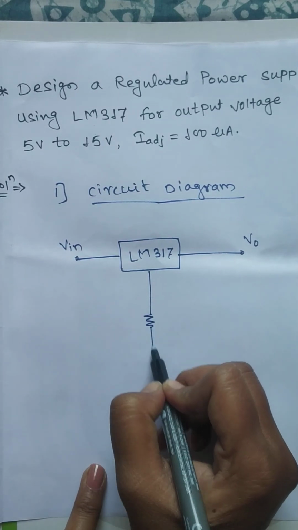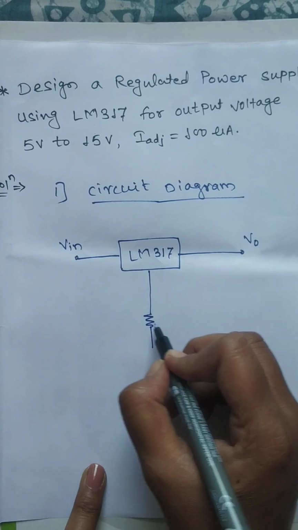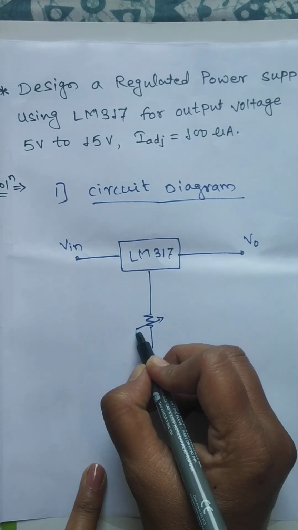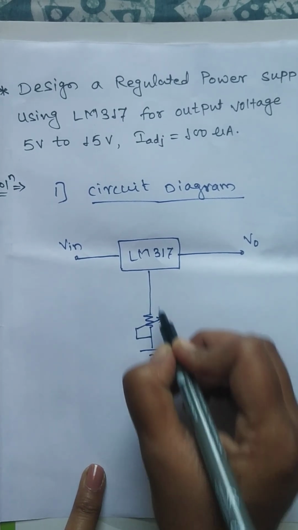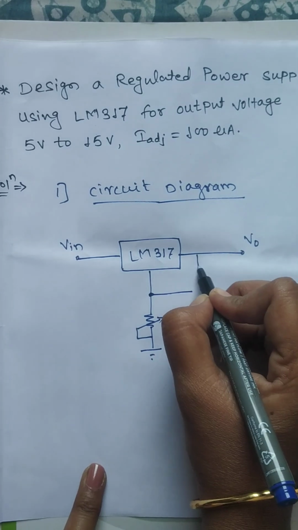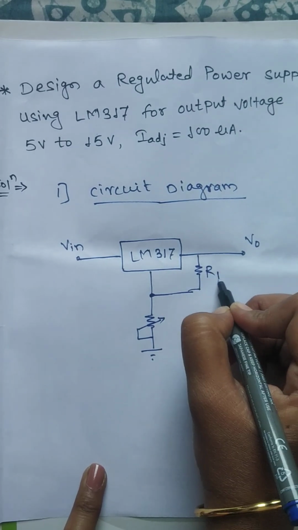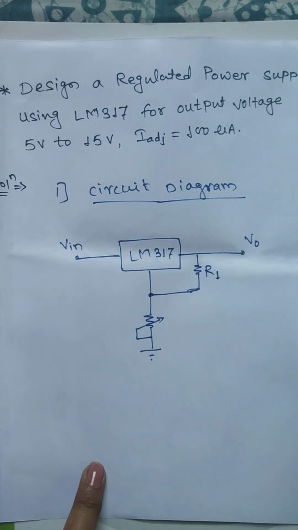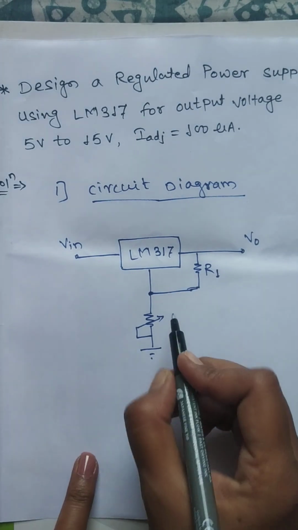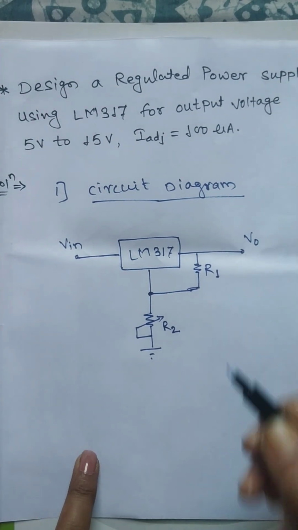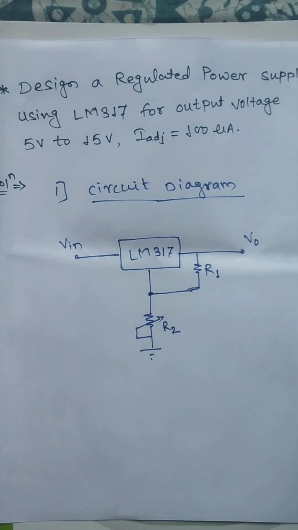To that adjustable terminal we are going to connect a variable resistor, and one fixed resistor is connected here, that is called R1. So R1 and R2 are necessary in case of LM317 and 337.